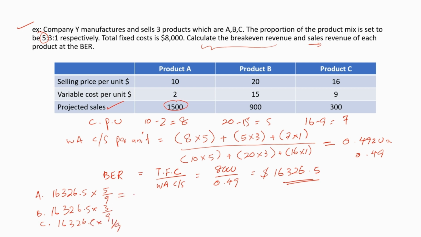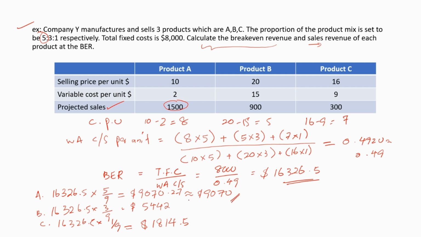For product A, this is equal to $9,070.27. Let's round it off to $9,070. For product B, 5,442. For product C, 1814.5.